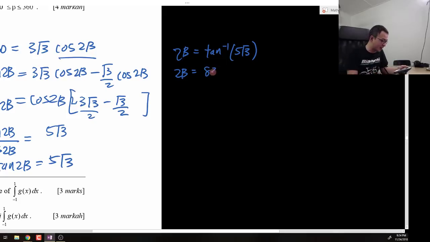The first angle is 83.41. And then, using the ASTC rule, you know tangent is positive in the third quadrant also, right? Because 5 root 3 is a positive value. So the third quadrant is 180 plus theta. So I will plus 180 for this answer. So I have 243.41.